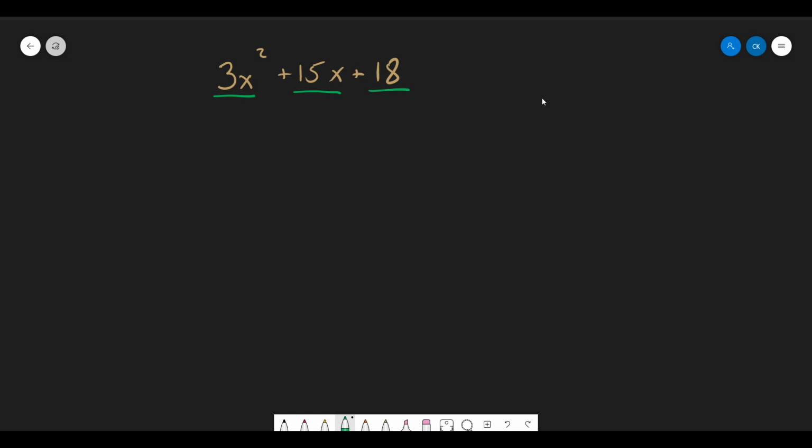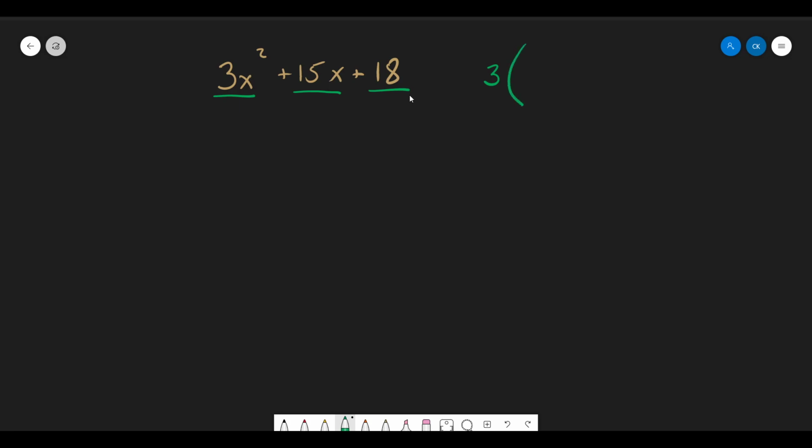Remember back when we talked about GCF, we said no matter what, when you are factoring, you should always look to see, is there a GCF between all of my terms? And in this case, I do. The GCF of 3x squared, 15x, and 18 is 3. I can factor out a 3 first.